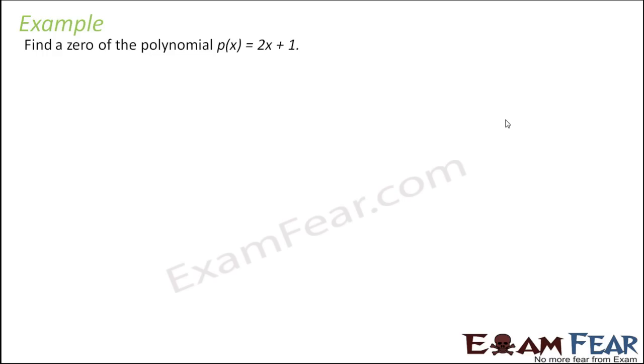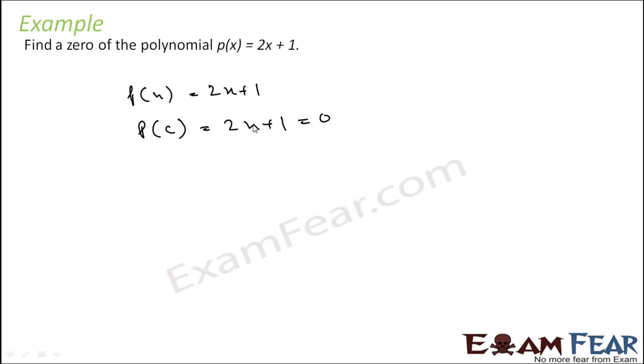Find the 0 of the polynomial 2x plus 1. So p(x) is equal to 2x plus 1. There is a number c which is a 0 of this polynomial, so p(c) has to be 0. Find the value of c. c becomes minus 1 by 2. So I can say that p(minus 1 by 2) is equal to 0.